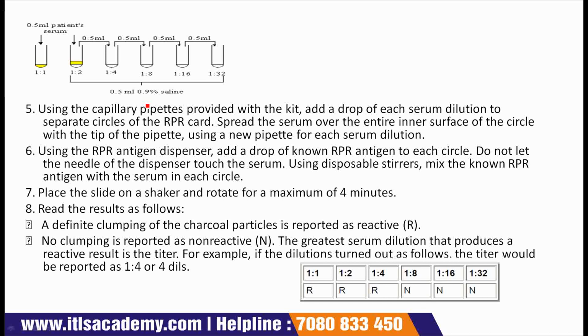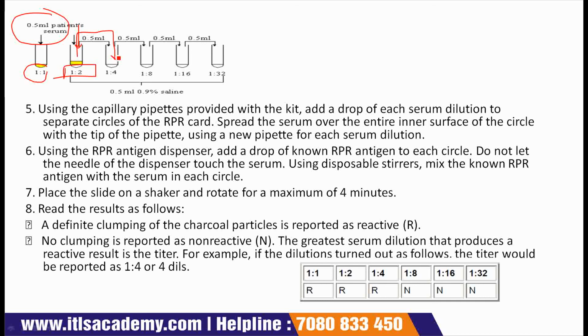You can see how 0.5 ml of 0.9% saline is diluted in this test. In the first test tube, there is addition of patient serum, and after that in the next tube there is a further addition of 0.5 ml and then 0.5 ml removal from this tube and addition into the next tube.